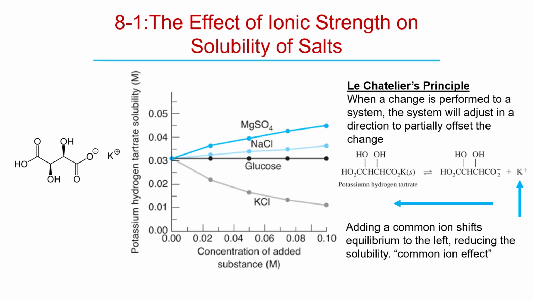It forms more of the solid reactant that we started with. This is called the common ion effect, because if you add a common ion, that of potassium, it's going to shift equilibrium back toward the left, thus reducing the solubility. And so anytime you have a common ion, it's going to behave differently than just simply throwing in extra salts that have no effect on the reaction.